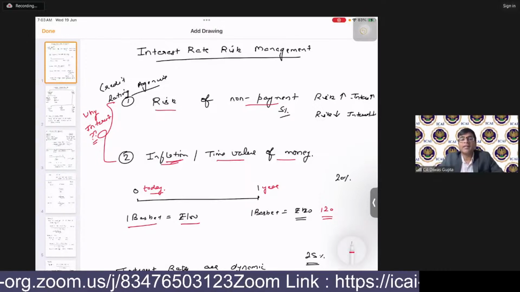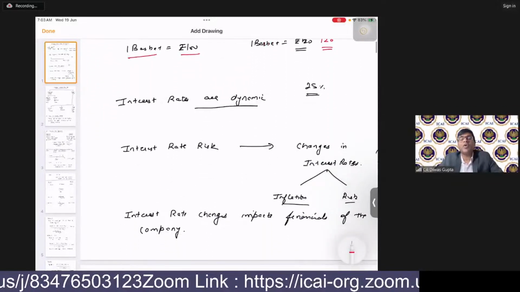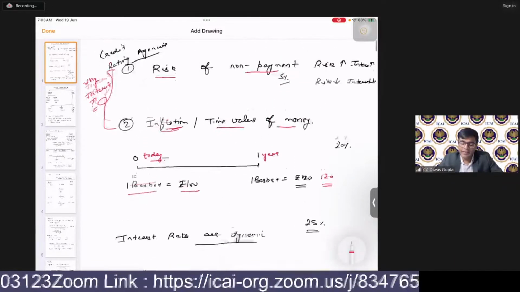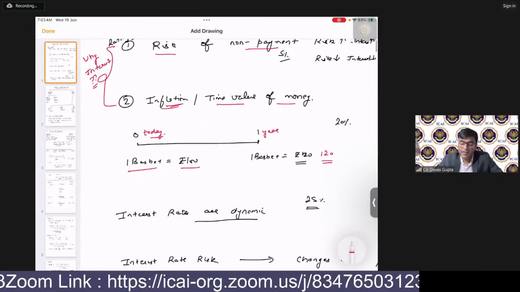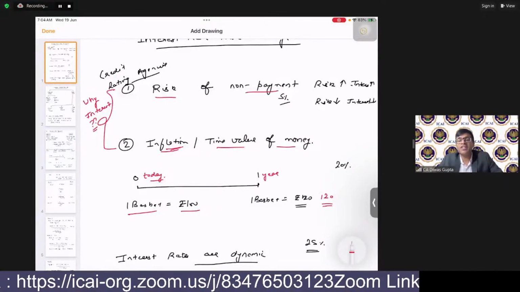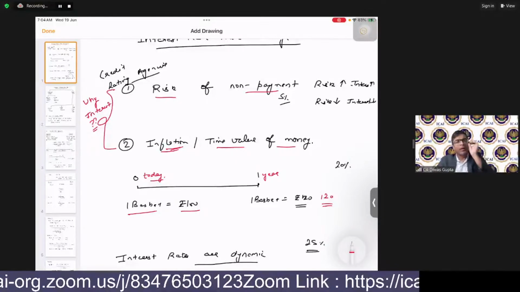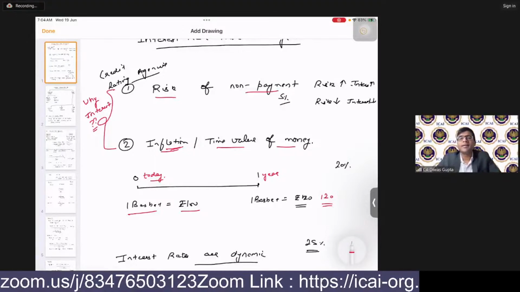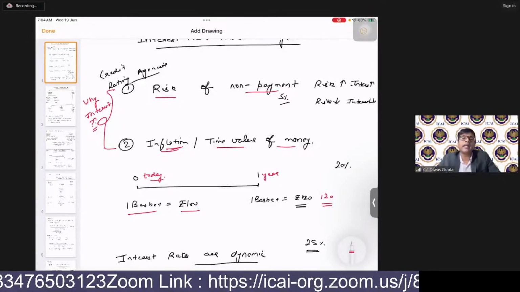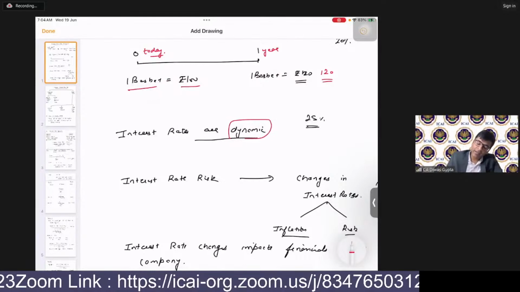Now, since we are clear why there is a need to pay interest, can we also state that interest rates are never the same? They will keep on changing, because these underlying two causes will keep on changing the demand and supply situation of loans. Hence the interest rates at which loans are given or taken are dynamic. They are never the same, because they are demand and supply led.